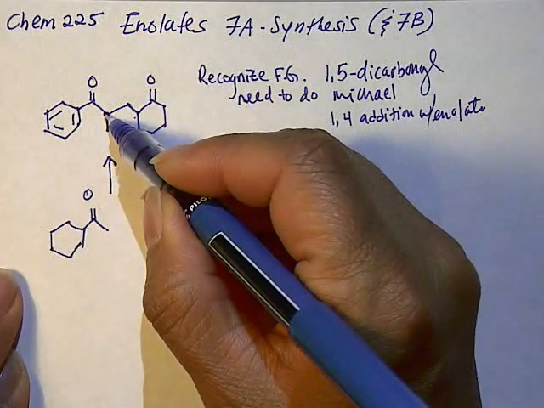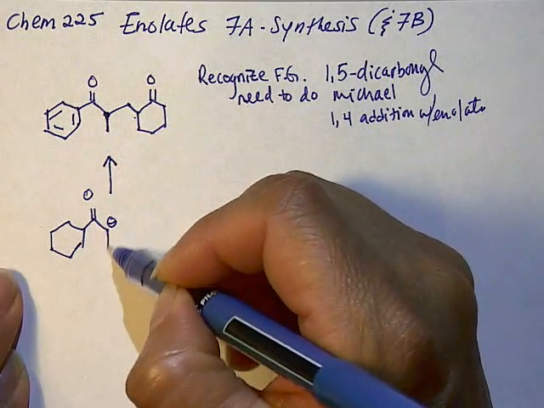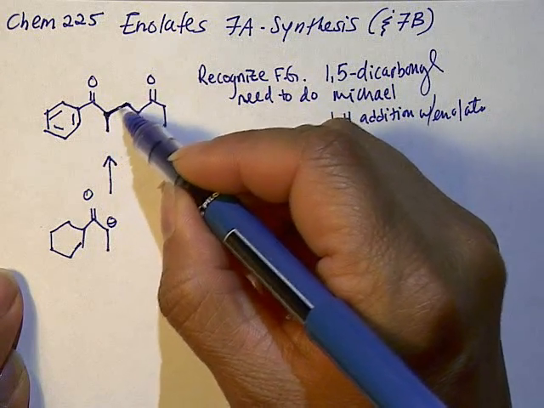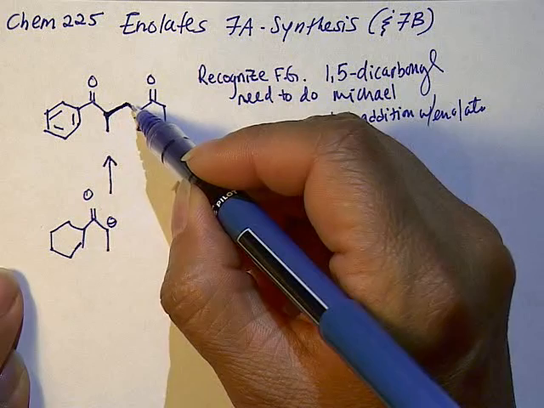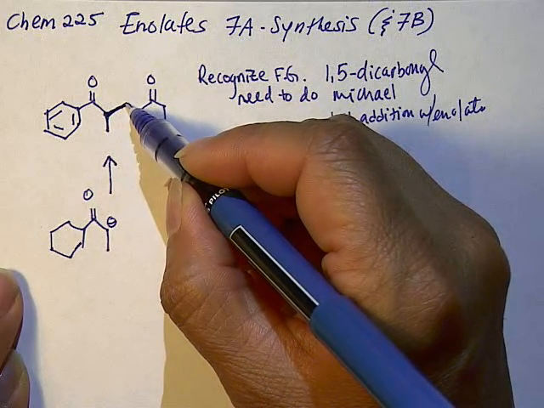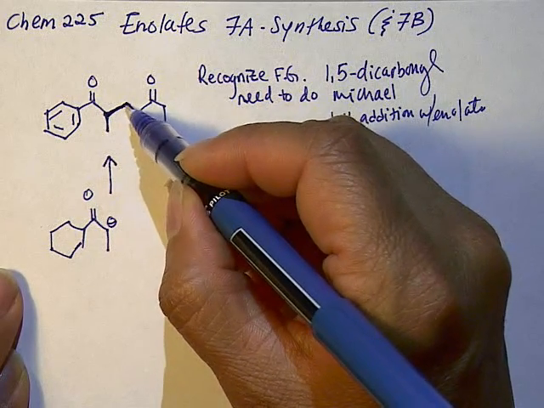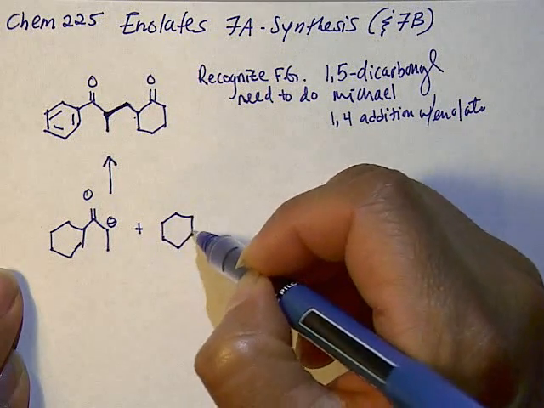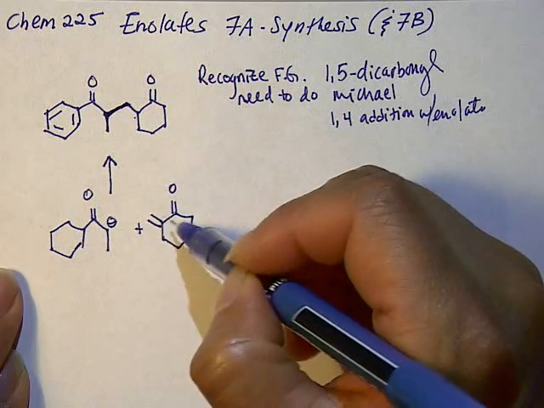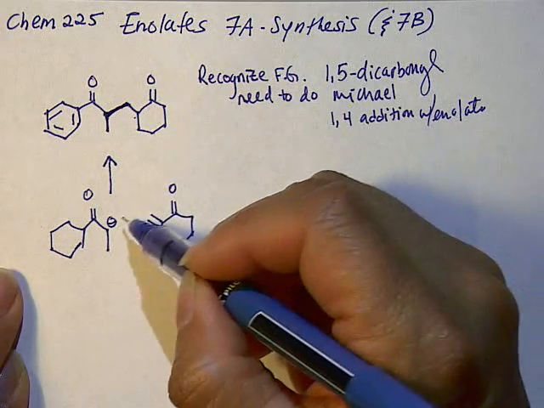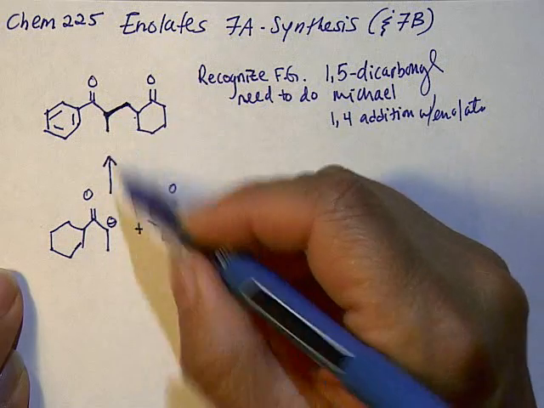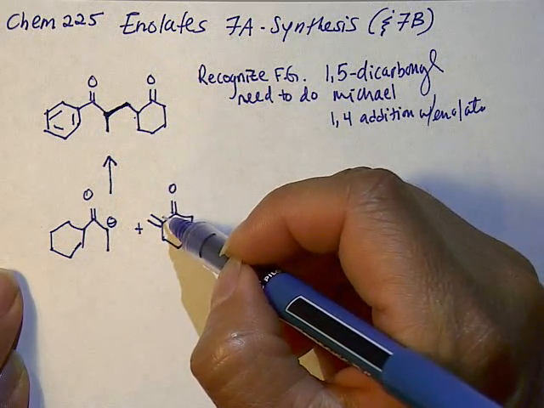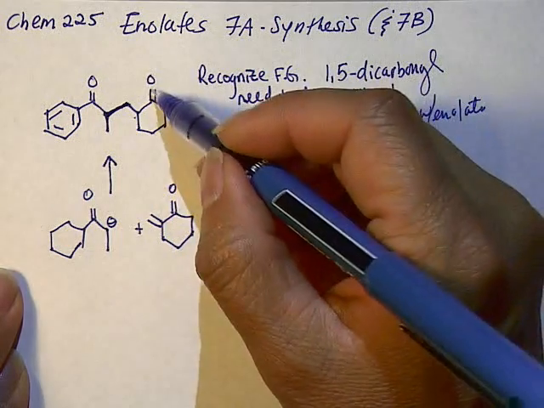So if we want this carbon to be my enolate, then we're making this bond right here. So the beta carbon will be this carbon where it would attack, which means that it must have had a double bond there. So here's my alpha-beta unsaturated system. So think forward. This carbon will attack here, make the enol intermediate, and then that will go back to the ketone system.